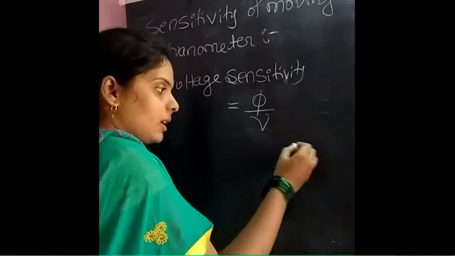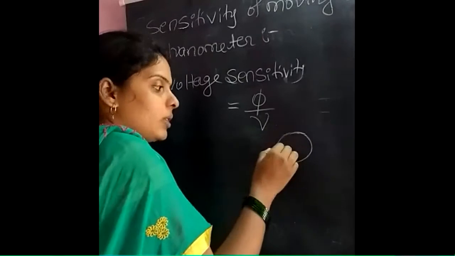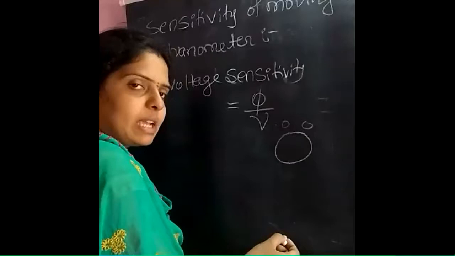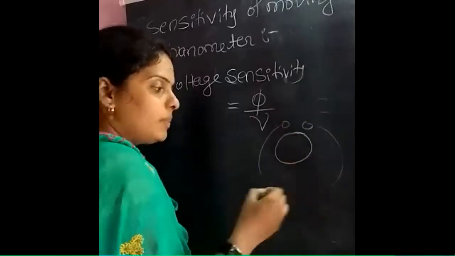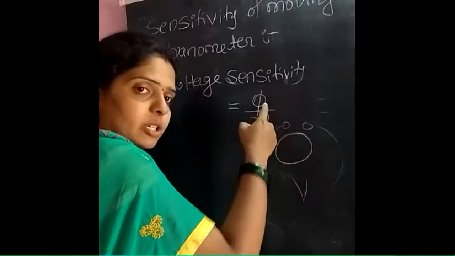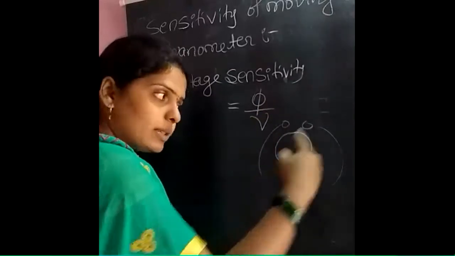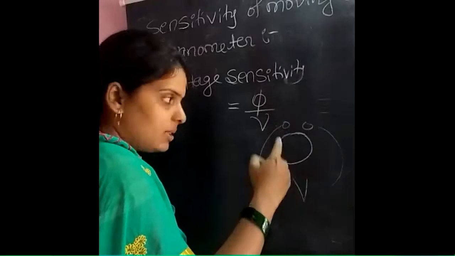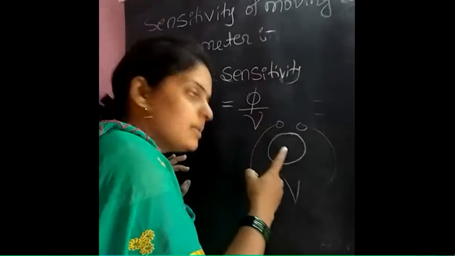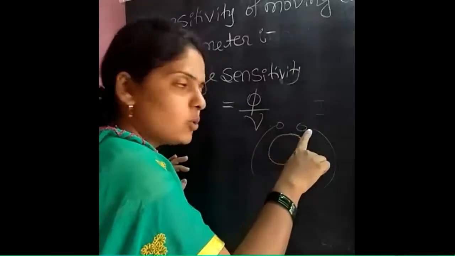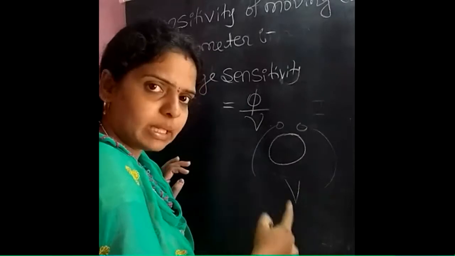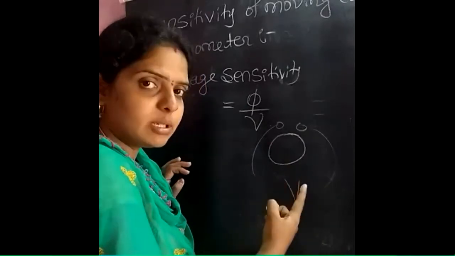Here the galvanometer will be there. If you see a galvanometer, it has two knobs. When you come for the practical, that time I'll show you the galvanometer. The two terminals are connected to the potential difference. Again, I'll repeat. Suppose this is a galvanometer device with two knobs, connected to a battery, which gives some potential difference.